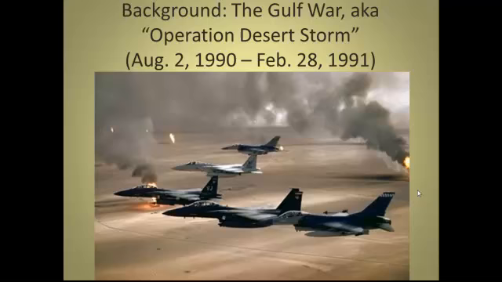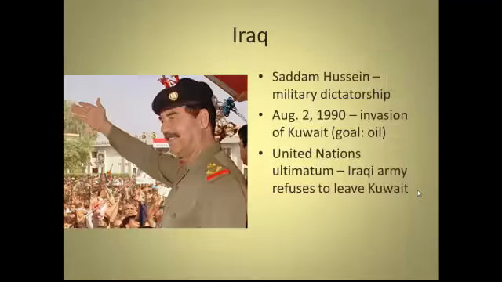Before we dive into the Iraq War that you guys are all familiar with, we need to talk about the first Iraq War, which was known as the Gulf War, also known as Operation Desert Storm. And that took place from August 2nd of 1990 to February 28th of 1991. So in the 1990s, Iraq was ruled by a man called Saddam Hussein, and he ruled the country through a brutal military dictatorship.